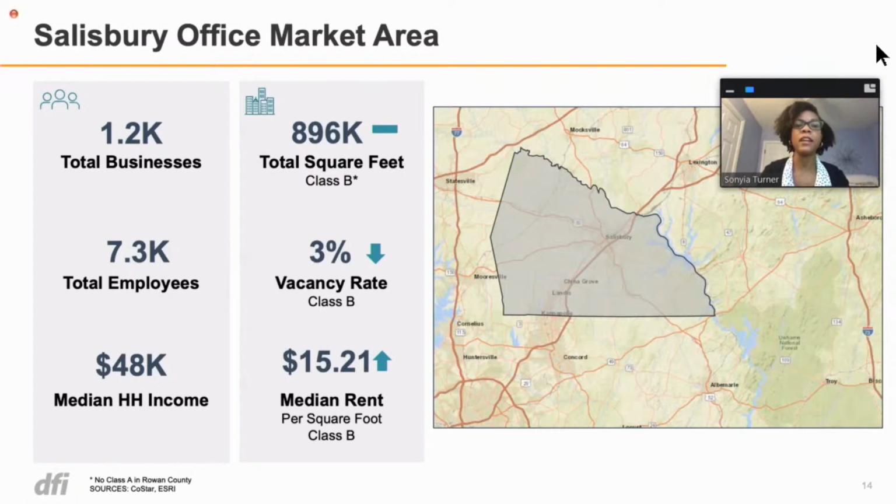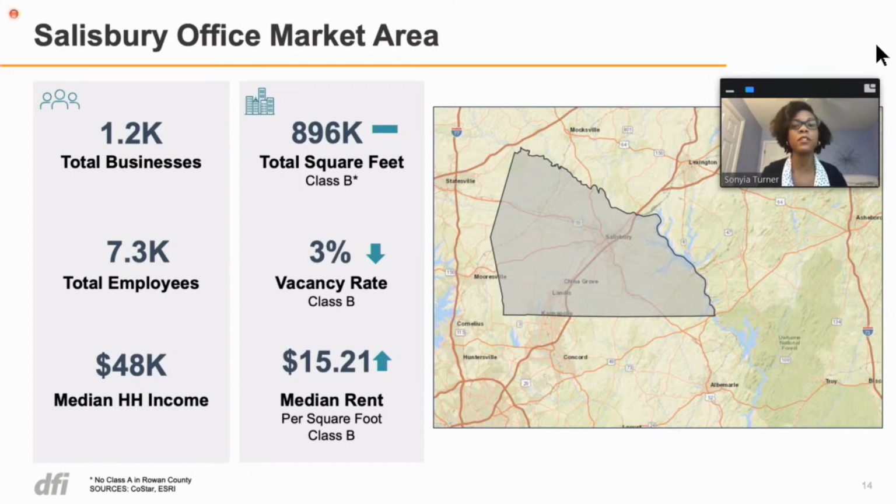We're looking at 7,300 total employees. There's roughly 900 square feet of office space, Class B space. And across that space, we're seeing a 3% vacancy rate, and median rents at $15.21.